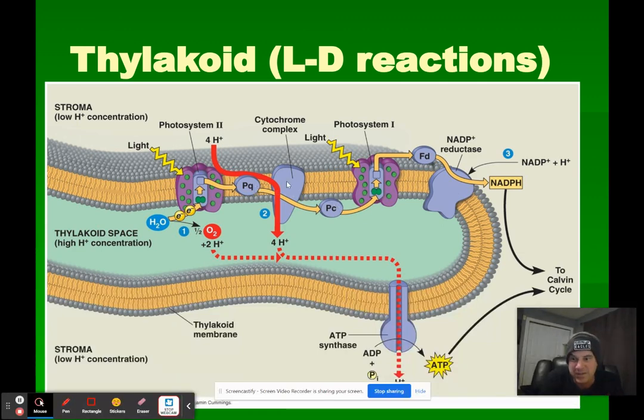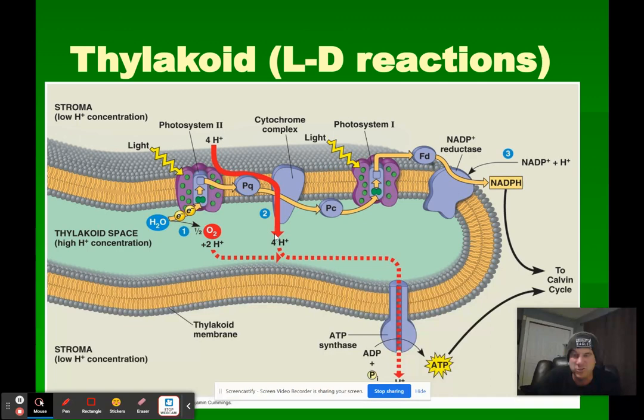Now notice what happens here. As those electrons get excited in photosystem 2 and move down the electron transport chain to photosystem 1, that energy from those electrons is used to pump H+ ions, or protons, into the thylakoid, thereby creating a high concentration of protons inside the thylakoid. Now, if you remember, when you have a high concentration of protons in an area, they would like to spread out.